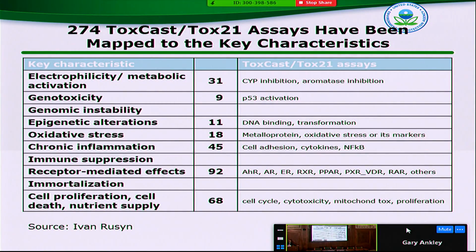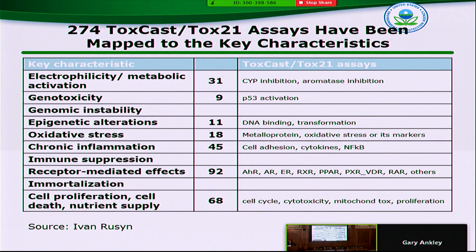And here's a slide that Ivan Rusyn, a couple of years ago, made, trying to map the Tox21 assays into the key characteristics. And I think, just like Martin said, we really had the receptor-mediated effects very heavily represented there. And next is the cell proliferation and cell death types of assays.